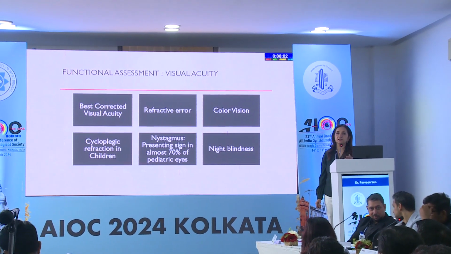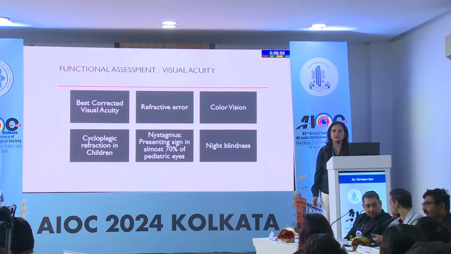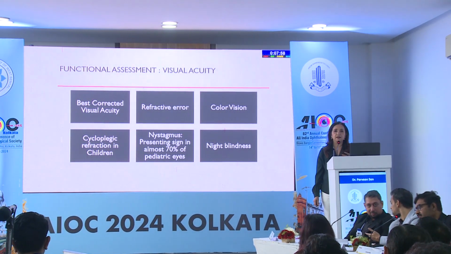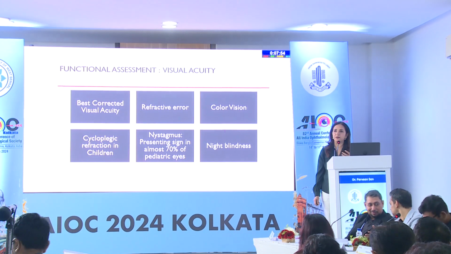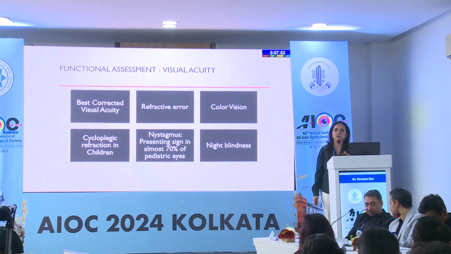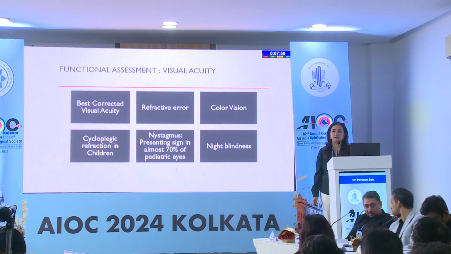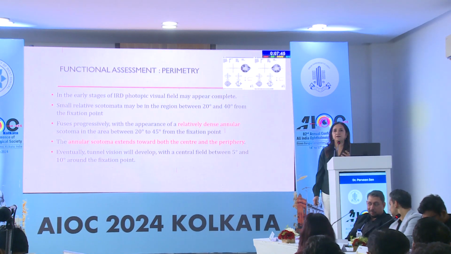With visual acuity, it may not be only the BCVA, but also the color vision, the history of night blindness, and cycloplegic refraction. So many times, myopic patients are more associated with one particular kind of retinal dystrophy, while hyperopia may be associated with other kinds of retinal dystrophies. And why perimetry?